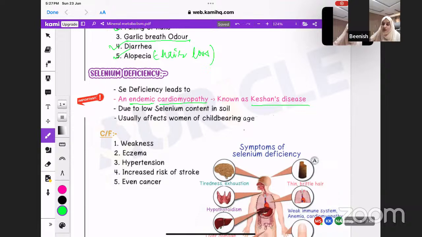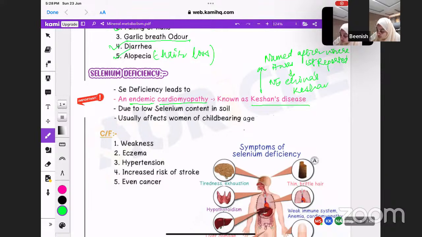This Keshan disease is named after where it was first reported, that is in northeast China's Keshan County. So that is Keshan disease.